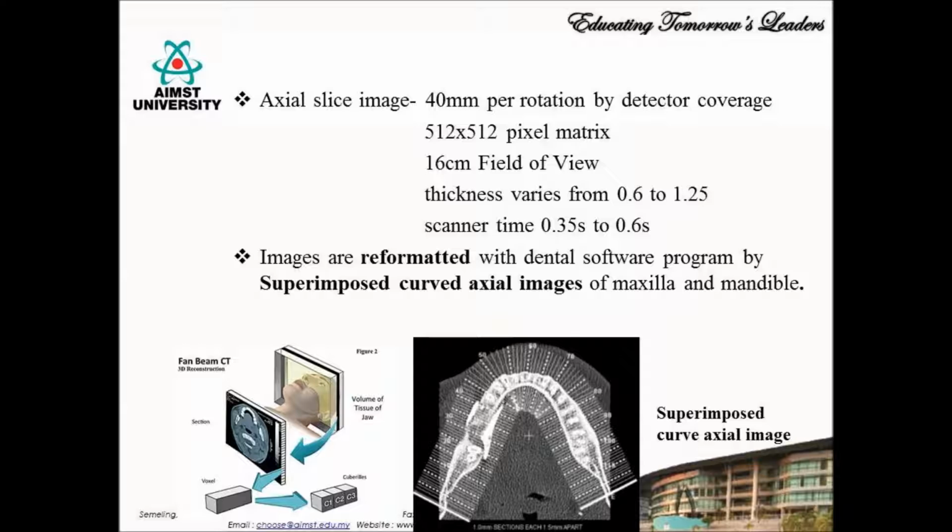In patients with edentulism, the curve should be obtained where the outline of the mandible or maxilla is shown completely. Then these images can be printed on photographic paper or transparent films or can be displayed on a computer screen.